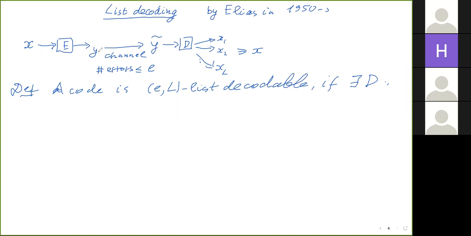So we transmit all the possible code words, and if the channel introduces at most E errors, we are able to recover that message using a list of size L.